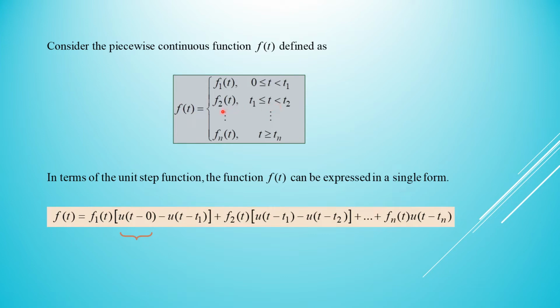So we write f2 of t multiplied by u(t minus t sub 1) minus u(t minus t sub 2). And for the last subinterval, we write down f sub n of t multiplied by u(t minus t sub n). This is the subinterval t larger than or equal to t sub n. So notice that this piecewise continuous function f of t can be written in a single line by using the unit step function.